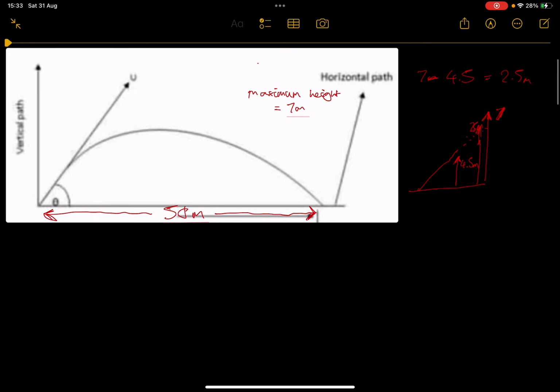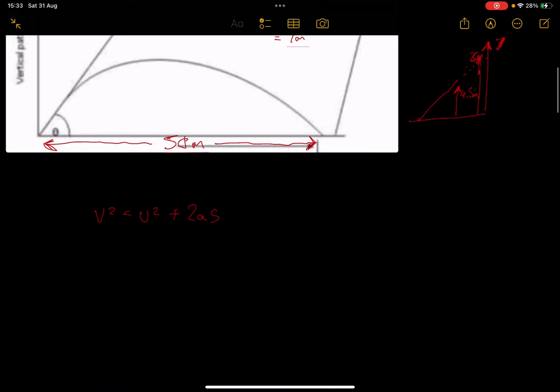Now, let's use this equation, v squared equals u squared plus 2as. And this equation will give us the value of u.